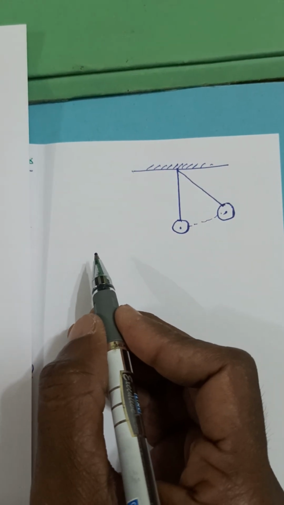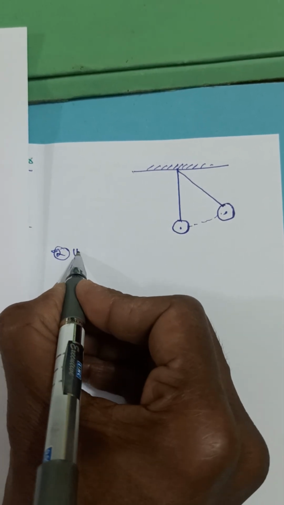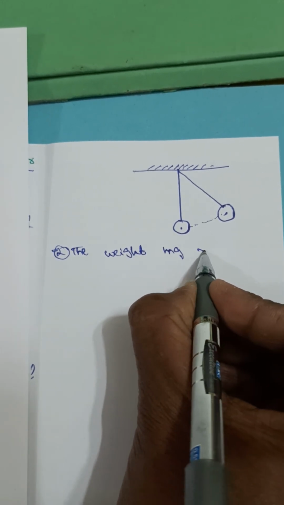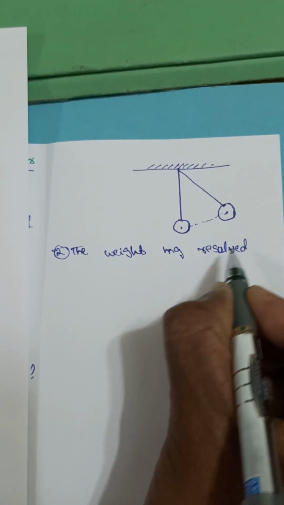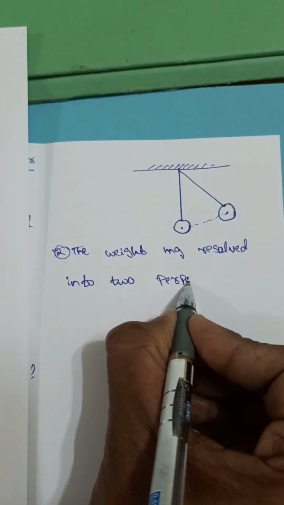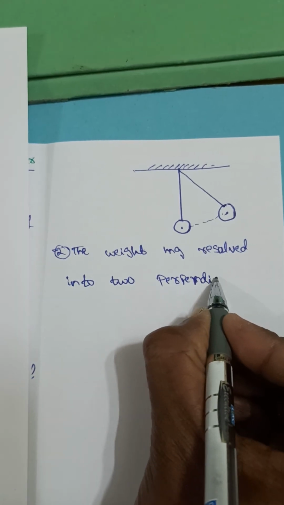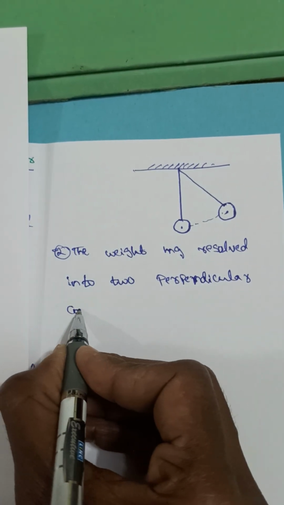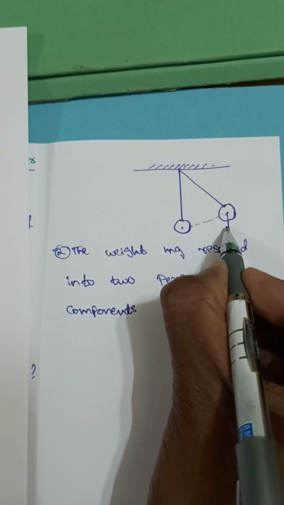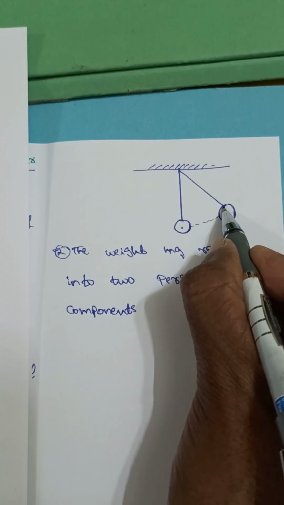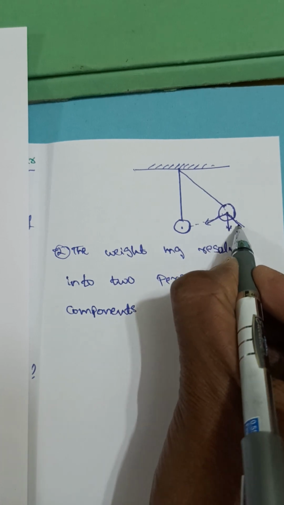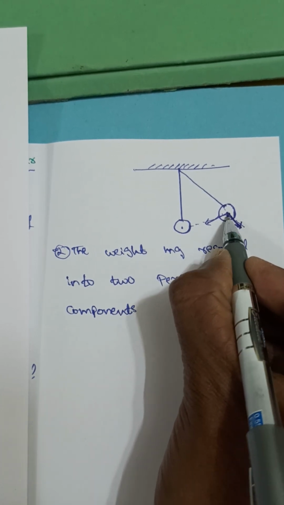Second point, the weight mg resolved into two perpendicular components. See, it is mg, so perpendicular means both are perpendicular to each other.